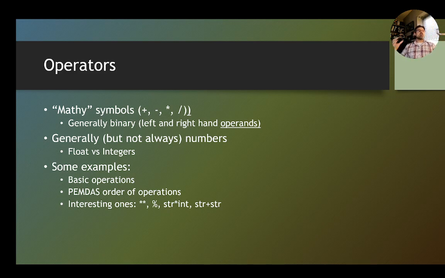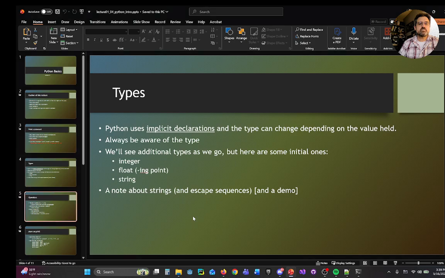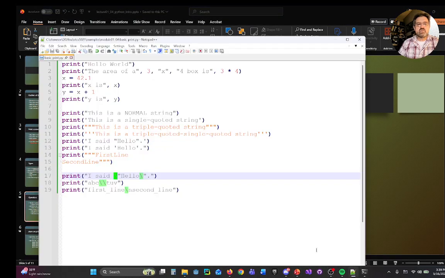When you see a complex math expression, you evaluate the things in parentheses first, exponents next, multiplication after that, division after that, addition after that, then subtraction. PEMDAS. We'll look at that, and then we'll also look at a couple of Python-unique ones, the star star, the percent, and these guys.